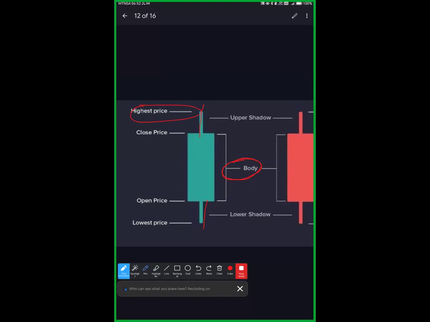You are going to see how far the price went in terms of going down. So in the process, you will see the lowest price, how far the price went downward, how far the price went upward. This is what we call the lowest position of the price. This is the highest position of the price.